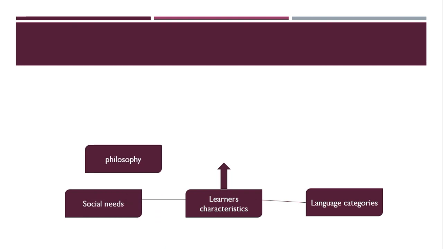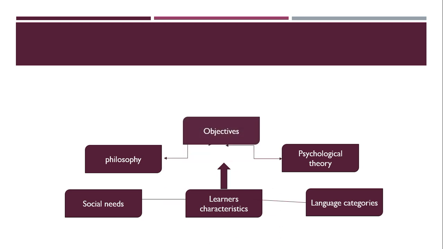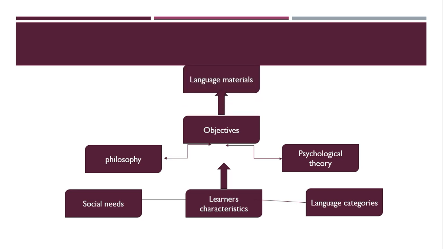To the philosophy of the society, to the philosophy of the country, psychological, then base it on a psychological theory of learning, just like we have learned in the second chapter. All that will formulate what? It will formulate objectives. Then I will have language materials. Okay, I would have created a language syllabus that is suitable for this age, suitable for these types of students.